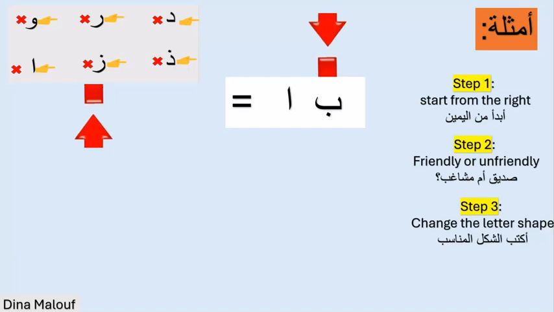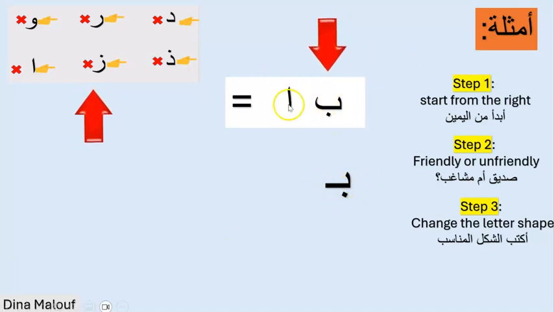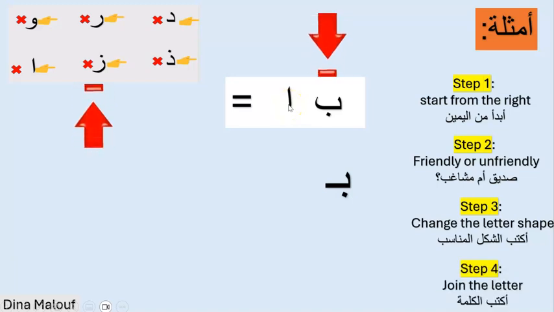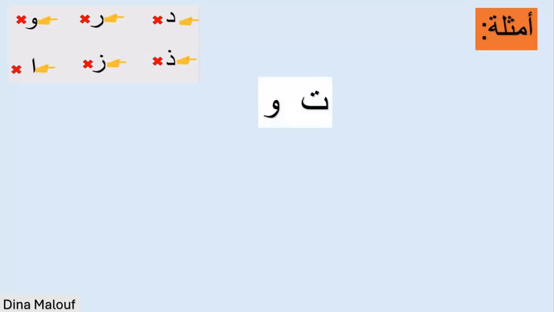Then we need to change the form to the forming one, the baby one. This is the forming shape of this letter. This is how we connect it with the next letter. Now we connect.